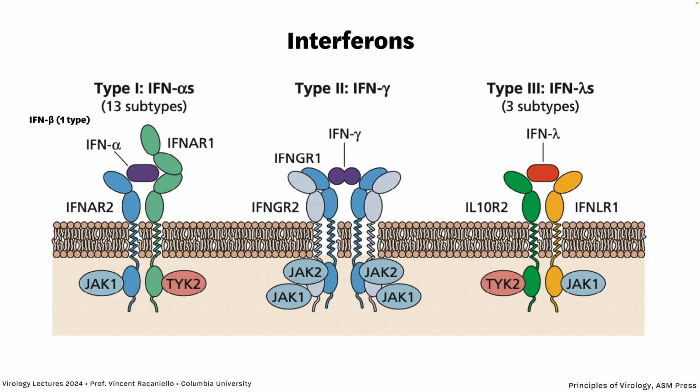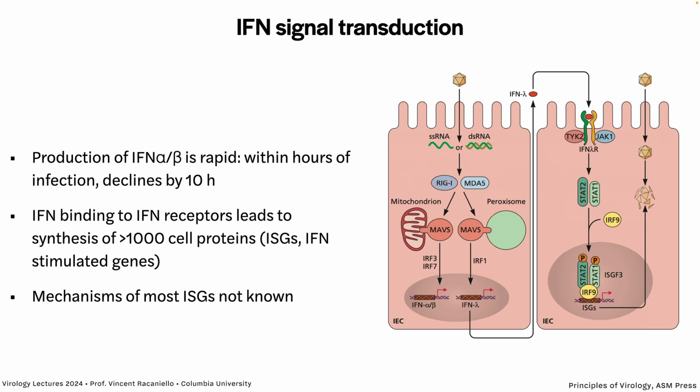So the interferons are turned on by sensing foreign proteins and DNA by the innate immune system. So here is a virus-infected cell. There are two cells here. On the left, a virus-infected cell. It's making single-stranded RNA or double-stranded RNA that's sensed by cytosolic sensors that turns on transcription of interferon genes in the nucleus.